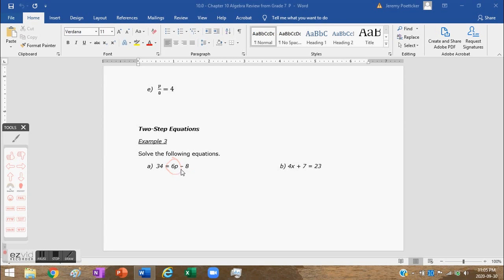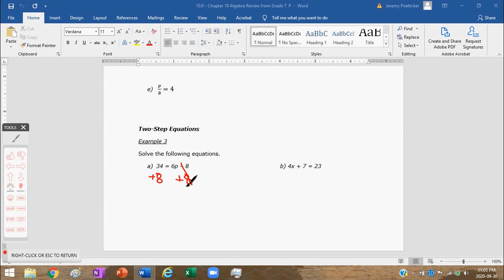All right. How do I do that? Well, I've got that 6p thing minus 8. So opposite of minus is going to be plus. I'm going to add 8 to both sides. All right. So I've got 34 plus 8 on this side. 6p minus 8 plus 8.